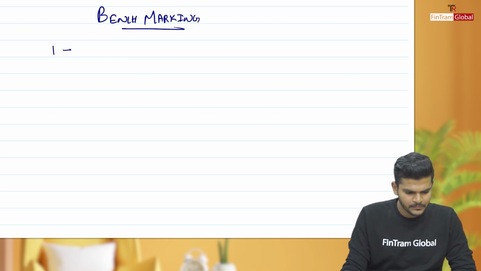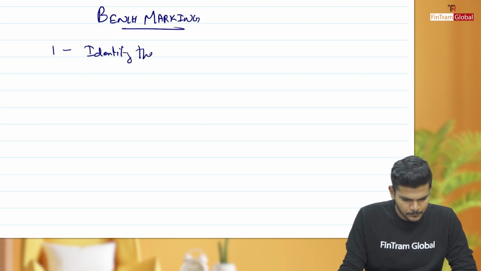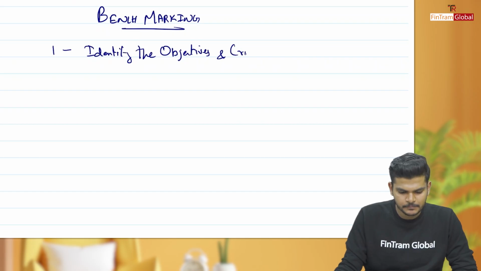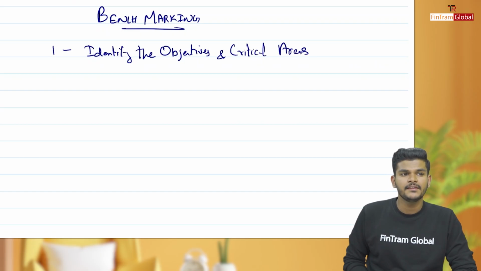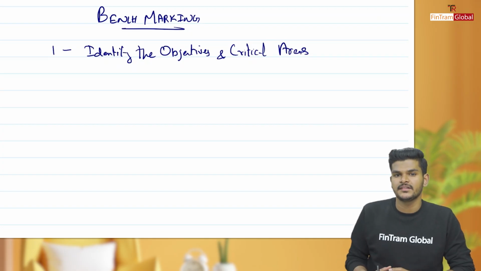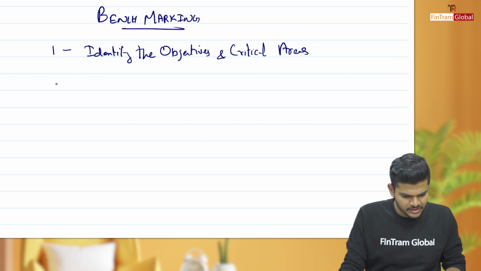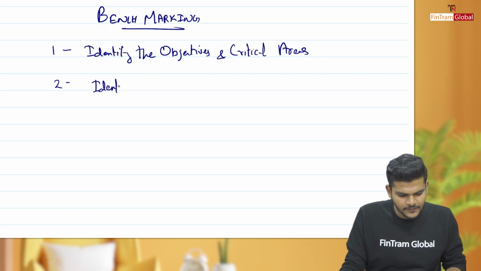What is step one? Step one would be to identify the objectives and critical areas. Okay, folks, that's the first step, isn't it? We have to set the objective of the organization and the critical areas where we have to excel in, right? And after that, what is step two? Step two would be somewhat easy to understand now, right? It is basically to identify the KPIs.